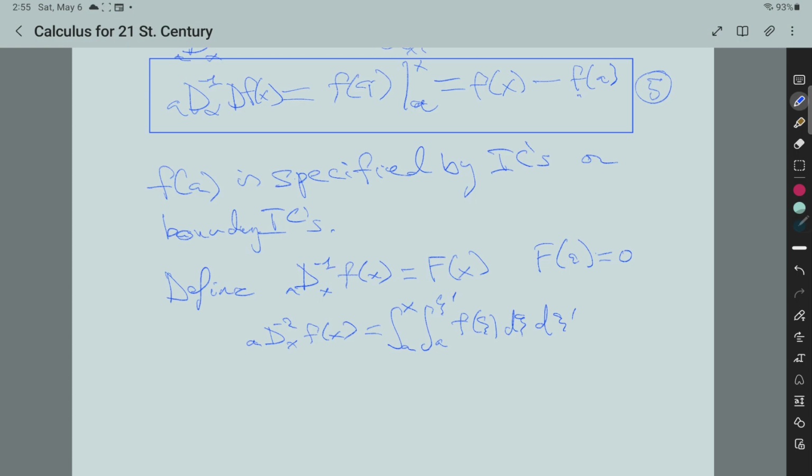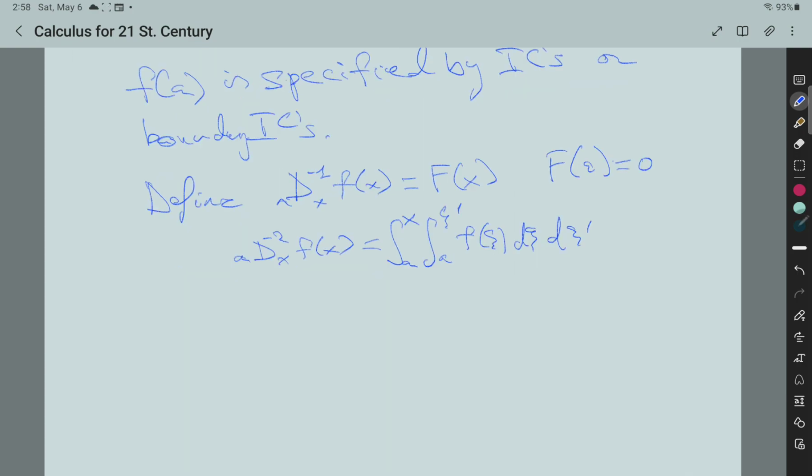Okay, so you can see here that the first integration of f of c dc will give you some function, capital F of c. Then you plug in the limits of integration, a to c prime.